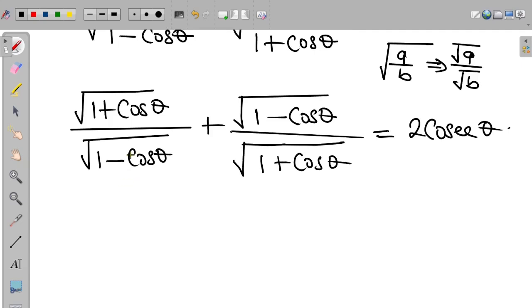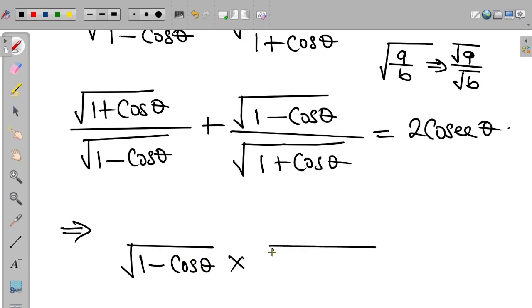Now, the LCM will be the product of the two denominators. So, therefore, for the LCM, we have root of 1 minus cos theta multiplied by root of 1 plus cos theta.